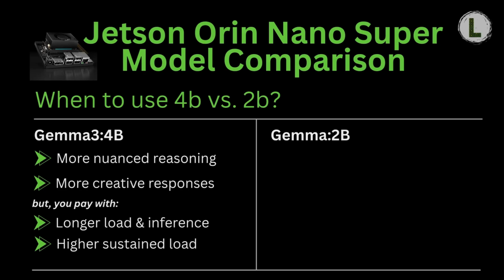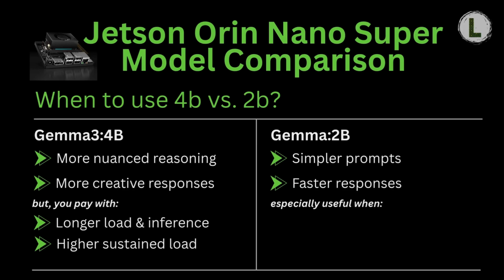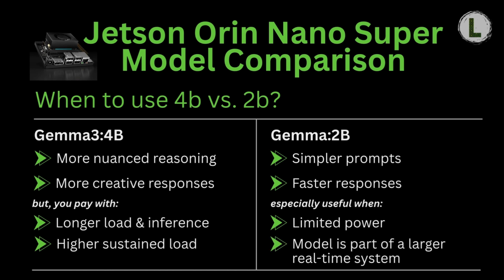Gemma 2B, the smaller one, is the better choice if you have simpler prompts, you want faster responses, and you need lower latency for your edge applications like robotics. This is especially useful when you care about responsiveness, you're running on limited power, or the model is part of a larger real-time system. In other words, Gemma 2B trades off some capability for speed and efficiency, and on a device like the Jetson Orin Nano, that trade-off is often worth it.